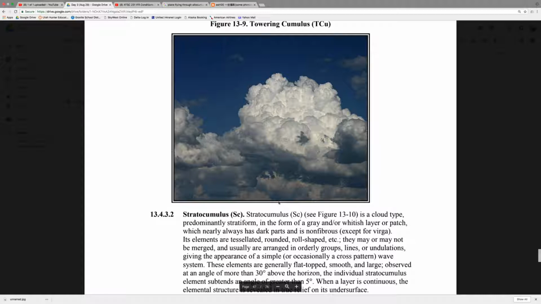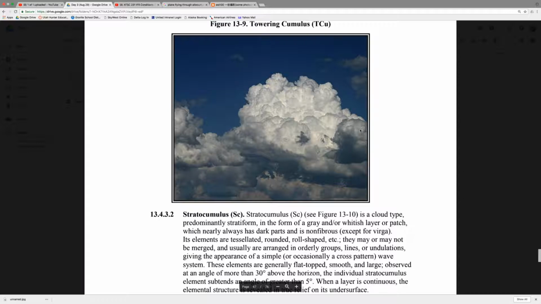I flew into Denver earlier this year, and it was crazy. There were massive towering cumulus clouds all over the approach. The pilot did a lot of cloud dodging going in, just because it was so turbulent.